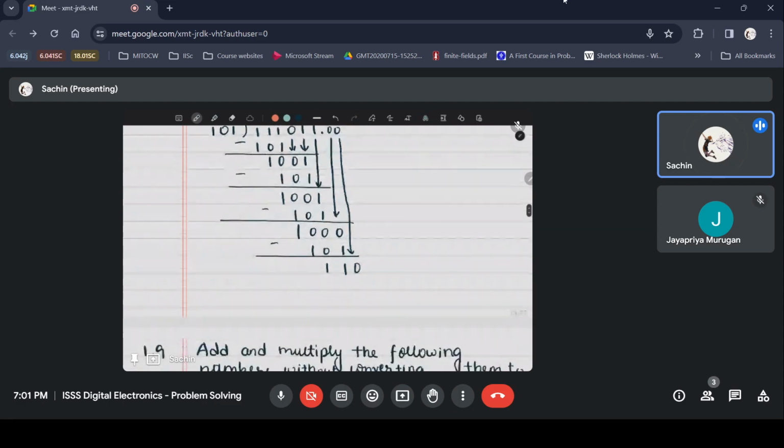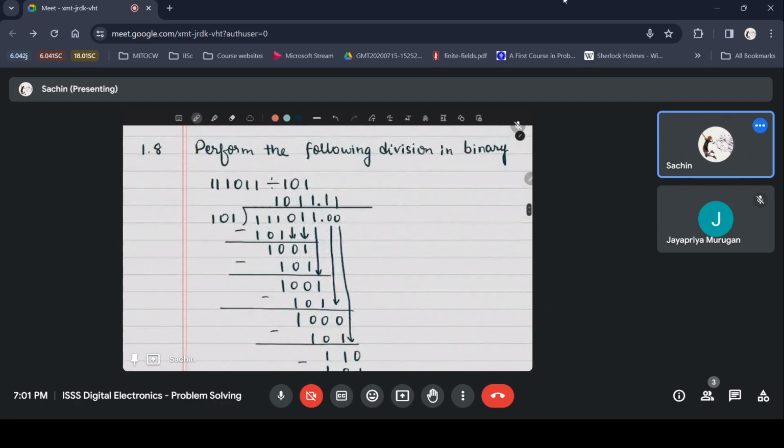Again 1 times 101. Subtract, you'll get 1. So you keep doing it. This will be going on forever. So that's how you do division in binary directly. Otherwise you could convert it into decimal, do the division, and then convert it back into binary.